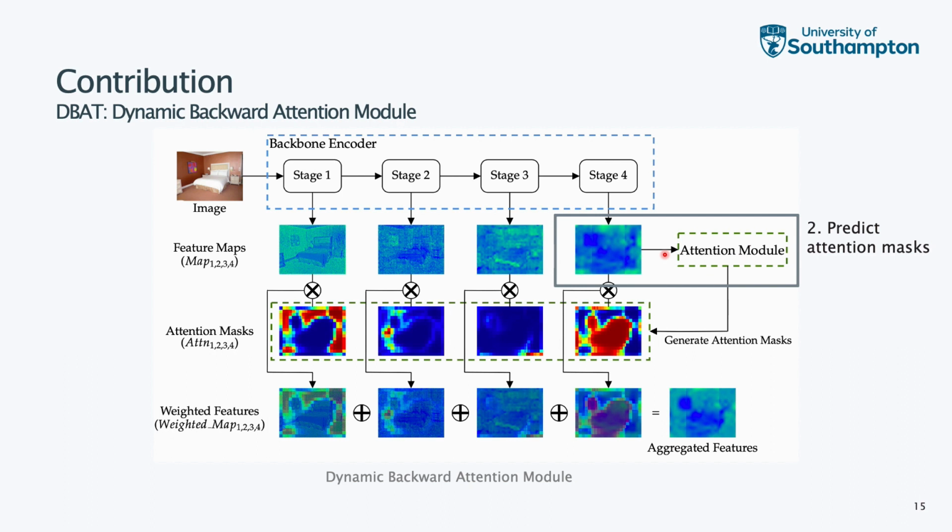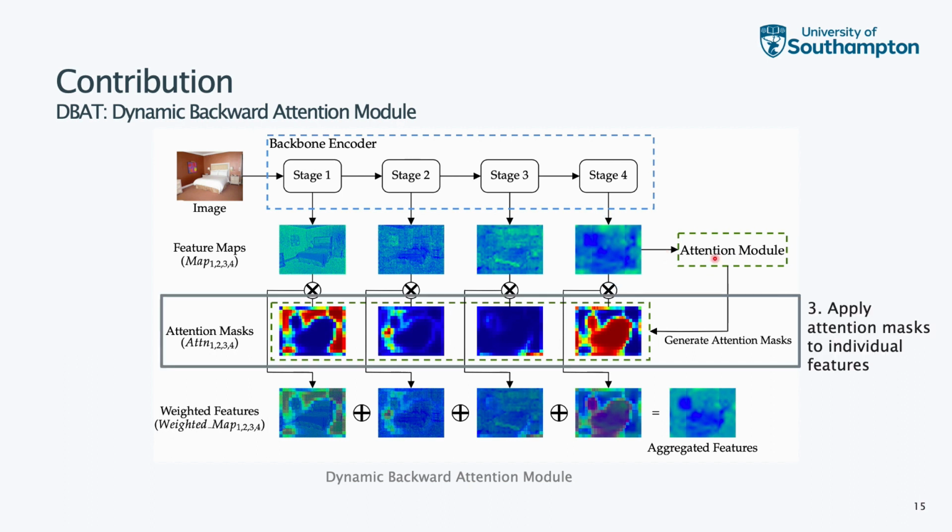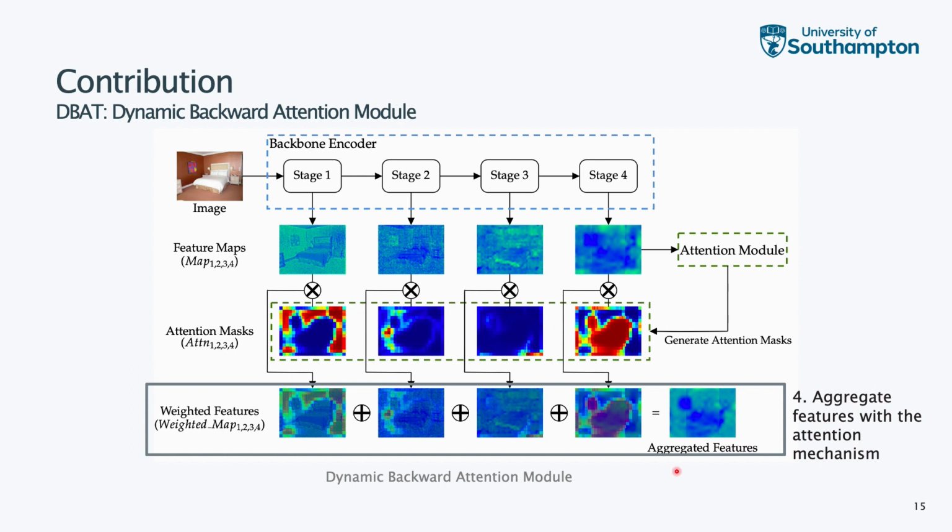After that, the network applies the attention masks to each feature map with the pixel-wise product operation. Then the feature maps are aggregated with a summation operation. The overall process can be described with a weighted sum equation where the weights are the predicted attention masks.